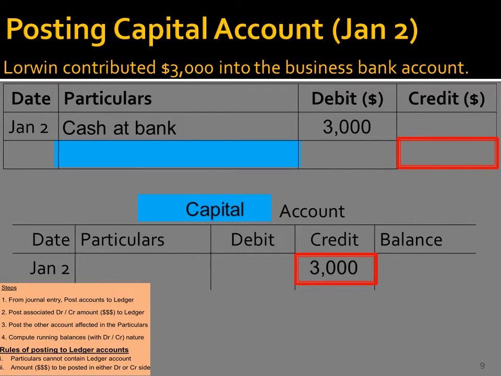Step 3, we will post the other account affected in this transaction in the particulars column. The particulars column will explain why we have credited the capital account with $3,000.